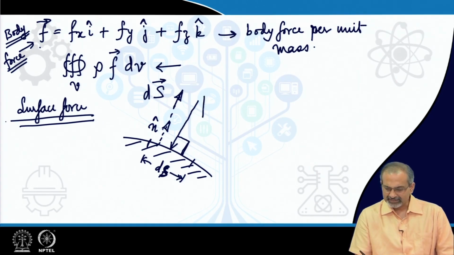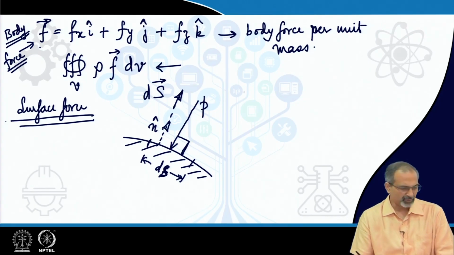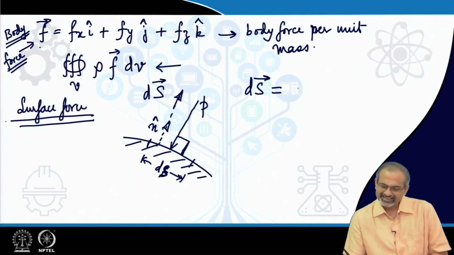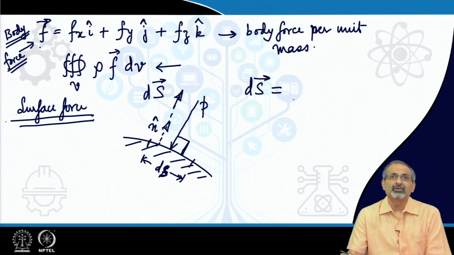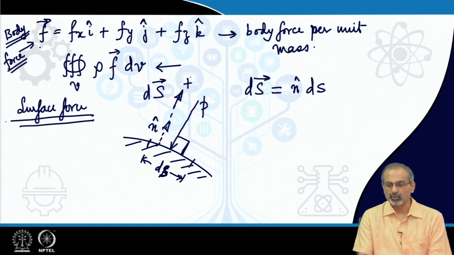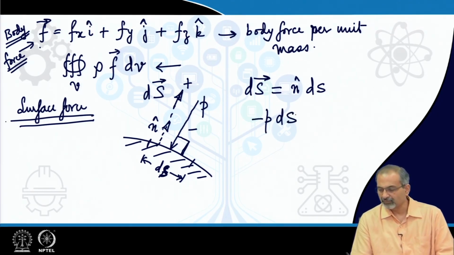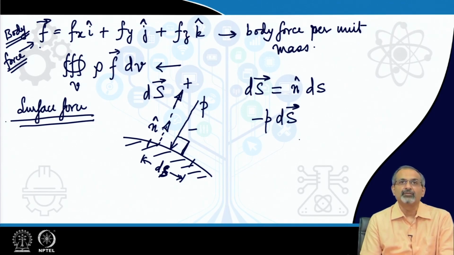Now, in order to integrate the effect of this pressure, of course, we will use a surface integral, but most importantly what we should understand is that over this elemental area, you have to indicate the direction of pressure, and therefore, when you write dS, you write n dS, that is the positive direction outward, while pressure acts along the negative direction, and therefore, we will say that the pressure creates a force of this value with a negative sign associated with it.